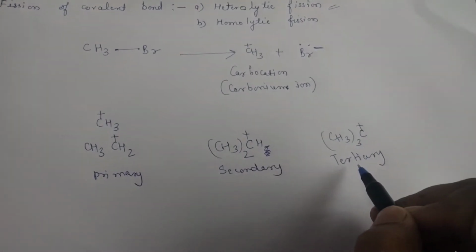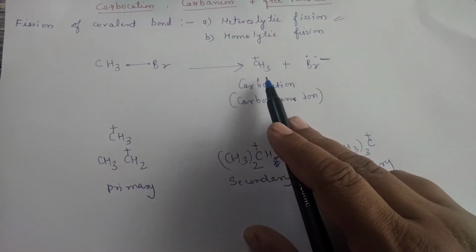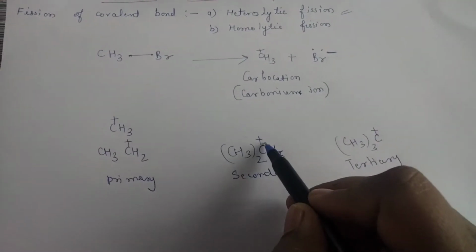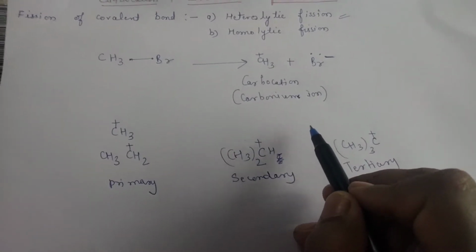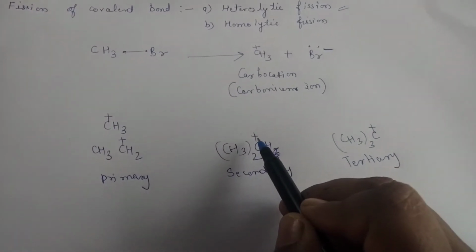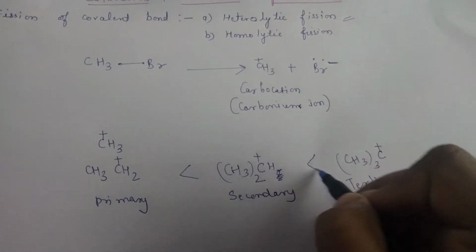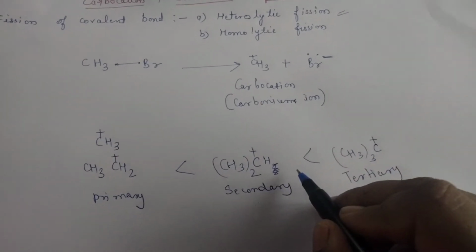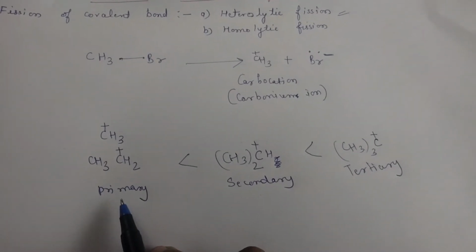Carbocations are highly reactive species, unstable because of positive charge; they can form compounds having extra electrons. They are highly reactive because they are charged species, but stability increases like this: tertiary is more stable than secondary, which is more stable than primary, which is most reactive.